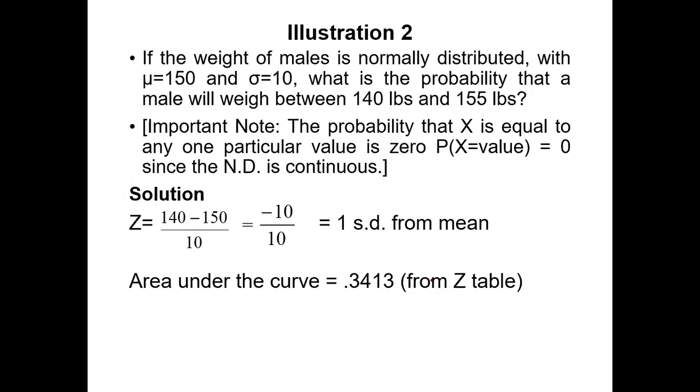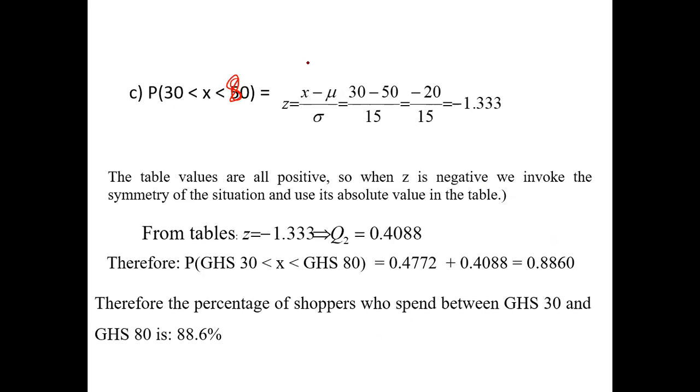Now, in drawing the curve, here is z-score of 0. So negative 1.333 will definitely be here to the left of 0. Then the 80, which is the z-score of 2, will be to the right.